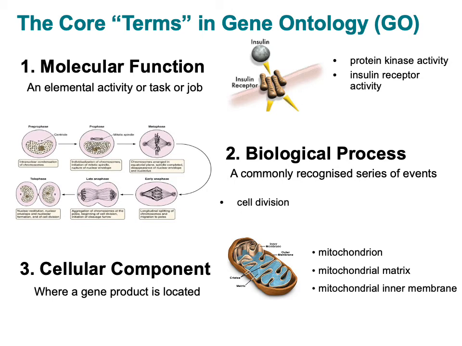They're also concerned with coarser resolution biological processes, so things like, are you involved in the cell cycle process or apoptosis? And finally, they're concerned with where gene products get localized, for example, within the mitochondria or within the nucleus or different compartments of the cell.